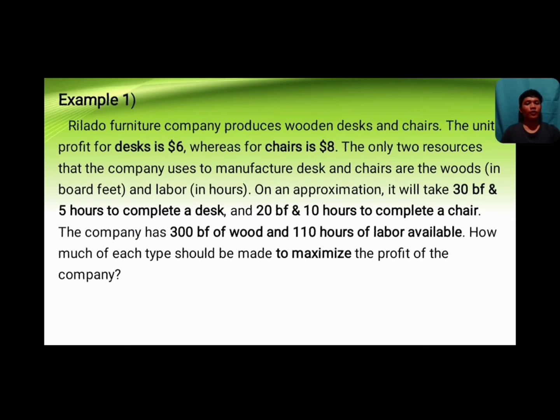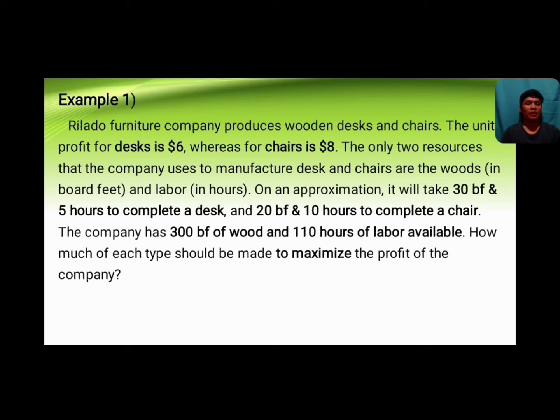Reliado Furniture Company produces wooden desks and chairs. The unit profit for desks is $6, whereas for chairs it is $8. The only two resources that the company uses to manufacture desks and chairs are wood in board feet and labor in hours.